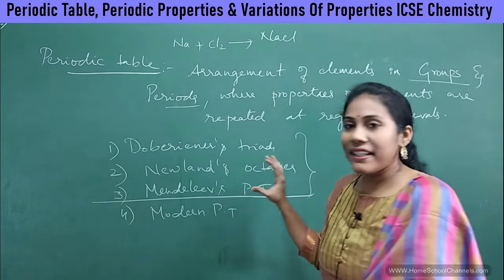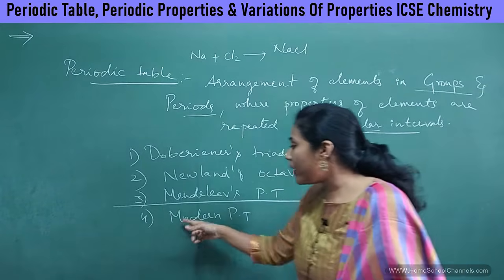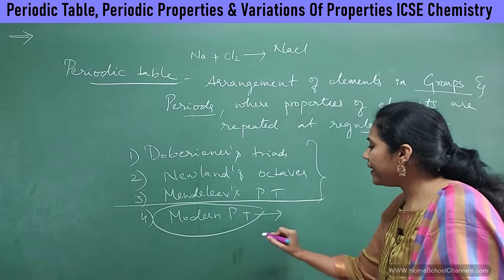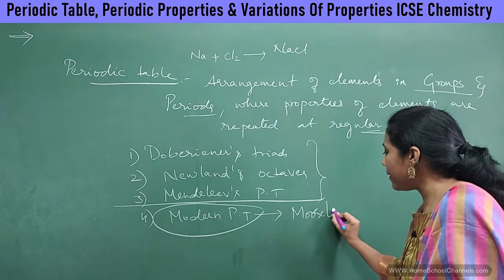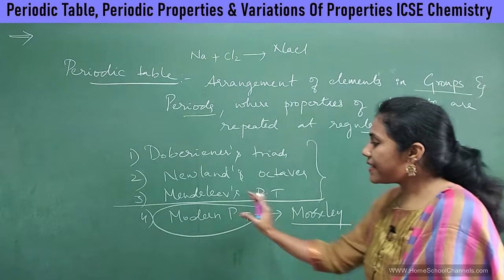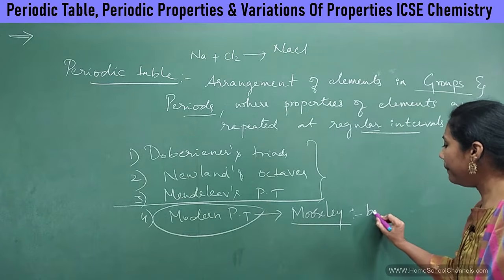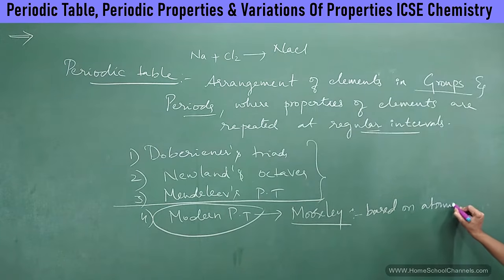Let us now learn the salient features of the modern periodic table. This modern periodic table was introduced by a person called Moseley. Moseley is the one who introduced the modern periodic table, and this is completely based on atomic number.